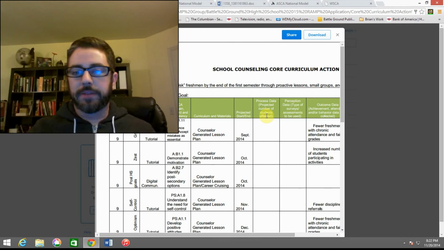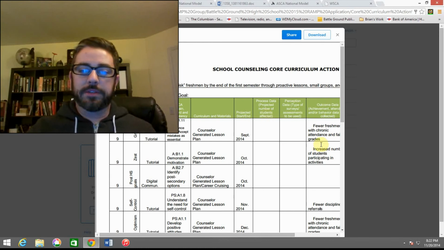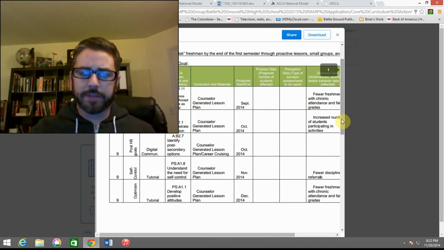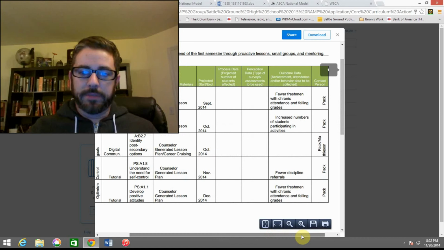We have defined at-risk by a variety of factors, including attendance, grades, discipline report, standardized test scores, and we're working on reducing the number of at-risk freshmen by doing proactive lessons at the Tier 1 level. And you can see here that they're all 9th grade, because our goal is 9th grade for this particular action plan.